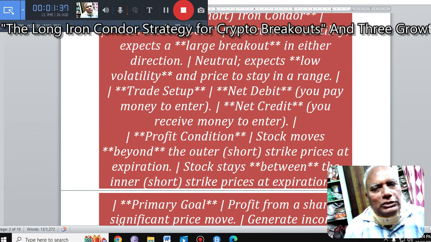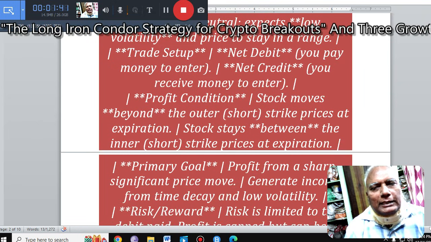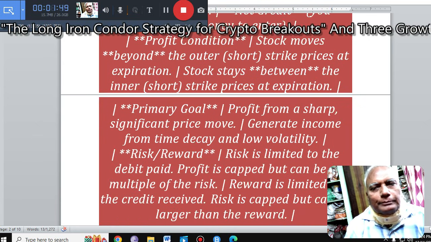Profit condition: the stock moves beyond the outer short strike prices, versus the stock stays between the inner short strike prices at expiration. Primary goal: profit from a sharp significant price move, versus generate income from time decay and low volatility.